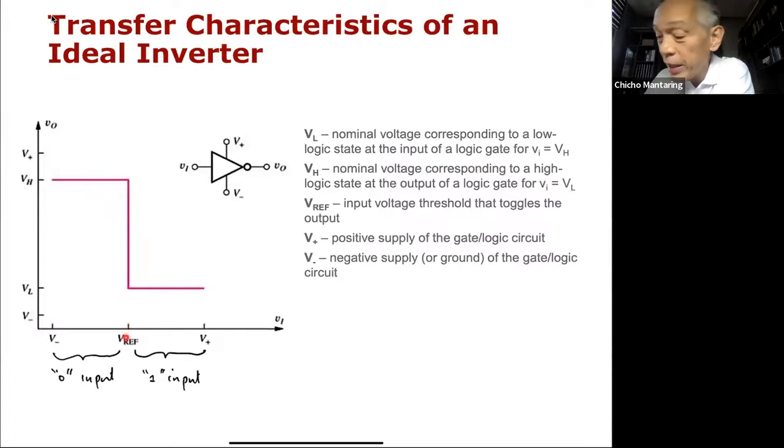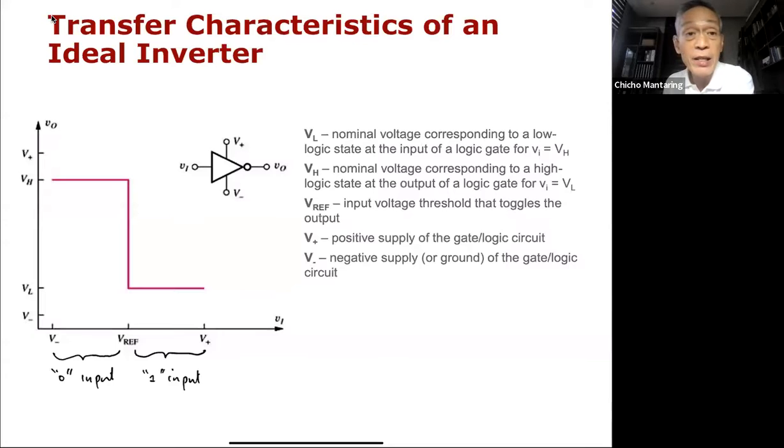Vref is the threshold. In other words, my zero input is anything less than Vref, and my one input is anything greater than Vref. Whenever my input is zero in an ideal inverter, my output will be what we call V_OH, the nominal voltage corresponding to a high logic state at the output for my input being zero. And when my input is a 1, my output will be V_OL, the nominal voltage corresponding to a low logic state, when my input is high.